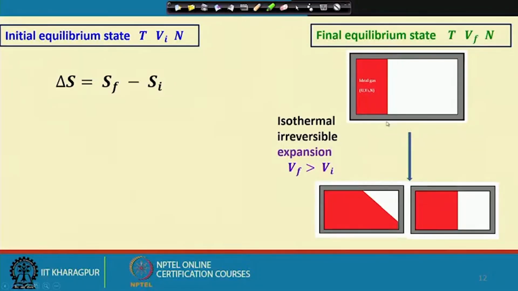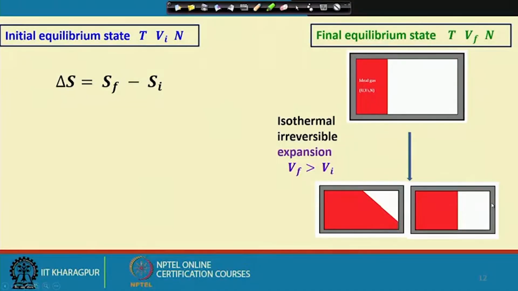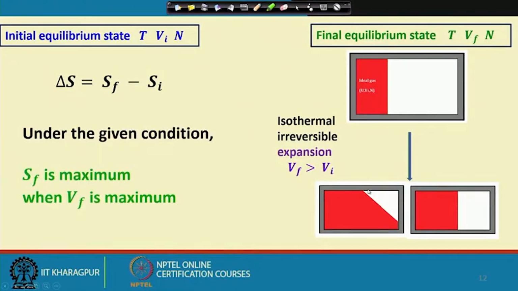Now, we are left with a choice between this kind of a state or this kind of a state, or the experimental observation where the gas will go and fill up the entire volume. So, what does the second law of thermodynamics say when this gas expands? Where will it stop? What would be the final equilibrium state?